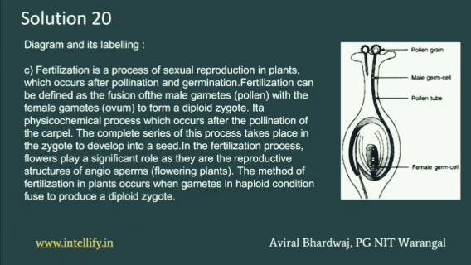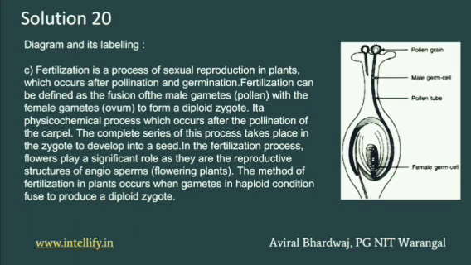Fertilization is a reproduction process which occurs after pollination and germination. Pollination and germination are the two methods by which the plant makes food and grains. Fertilization is also the fusion of the male gametes, called pollen, and the female gametes, the ovum, to form a diploid zygote.